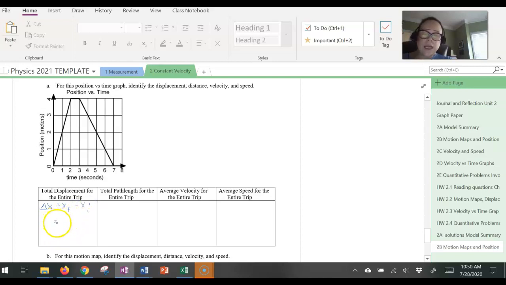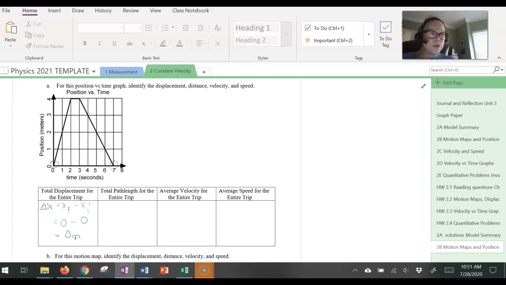In this particular case, the object ends up at position 0 meters. I can see that right here. And it started out at position 0 meters, right? At time 0, it was at position 0. And so it ends up in the same place that it started. So in this case, the displacement was 0 meters.